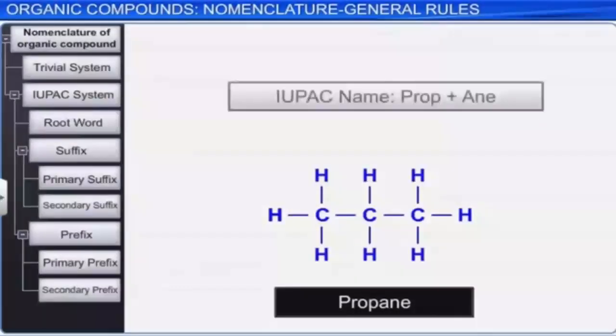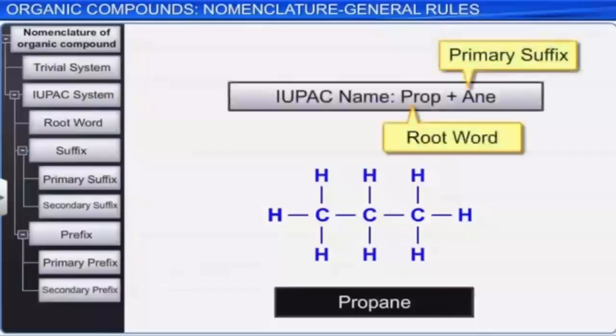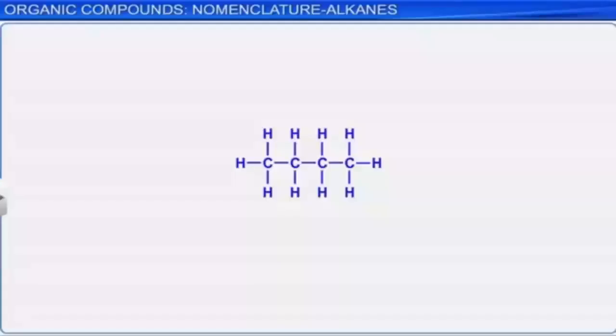However, in acyclic compounds, the primary prefix is not used. So, if the prefix cyclo is not used, it indicates that the compound is acyclic, as in propane. We know that hydrocarbons are organic compounds that contain only carbon and hydrogen.